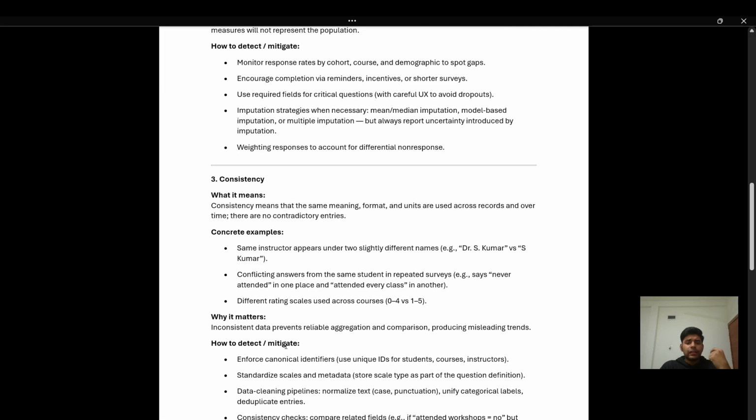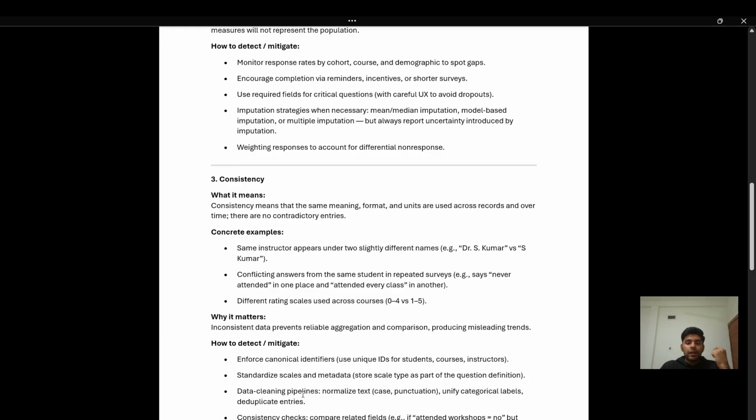Why does it matter? Inconsistent data prevents reliable aggregation and comparison, producing misleading trends. How to detect it? Enforce canonical identifiers, like unique IDs for students, courses, and instructors. Standardize scales and metadata, storing the scale type as part of the question definition.